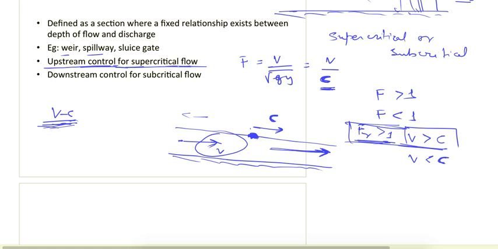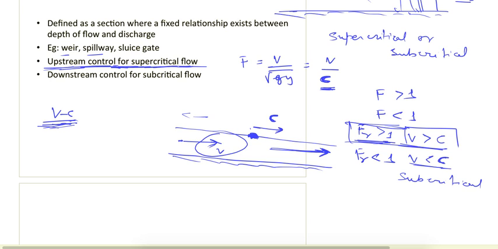We'll understand it further when we do the breakdown curve, the combination of flow profiles and how we understand them. And now let's consider a case where v is less than c. V is less than c is the case of Froude number less than 1 and it is subcritical.